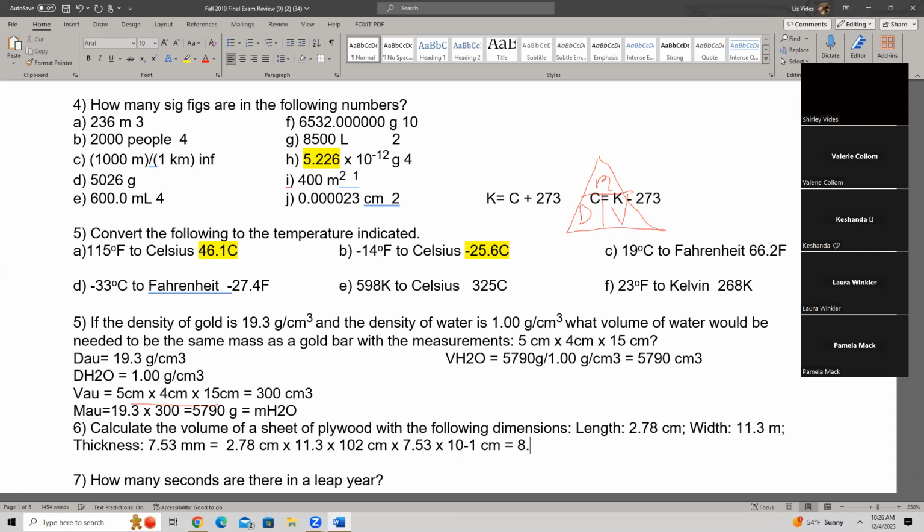Oh, that is not what I got. Hold on. Let me try that again. 8.79 times 10 to the 1 is what I get. And then times 10 to the 2, right? And then times 10 to the -1, sorry.